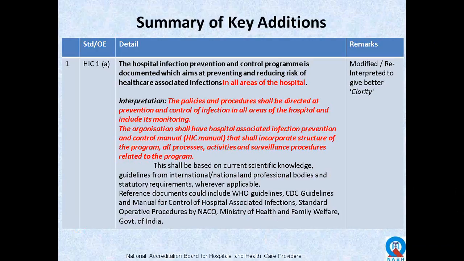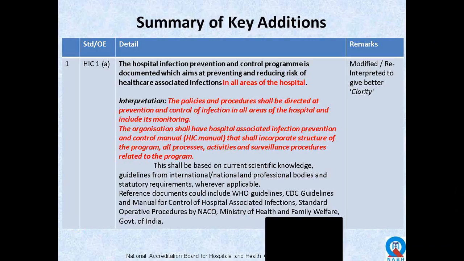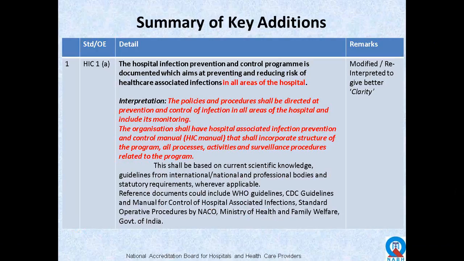Interpretation: the policies and procedures shall be directed at prevention and control of infection in all areas of the hospital and include its monitoring. The organization shall have a hospital associated infection prevention and control manual that shall incorporate the structure of the program, all processes, activities and surveillance procedures related to the program. In a nutshell, a little more clarity has been brought in, and that's the addition in HIC 1A.